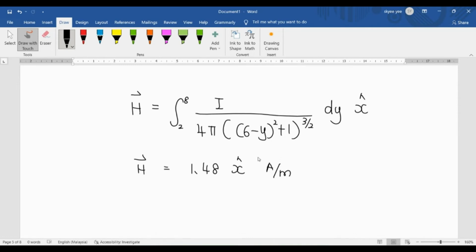So how many of you actually prefer method 2? Can you raise your hand? No one. How about method 1? Okay, thank you for your response. It is your choice. I just want to show you that you can actually use different methods.